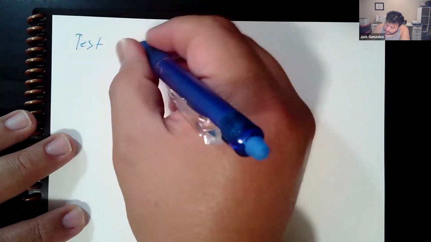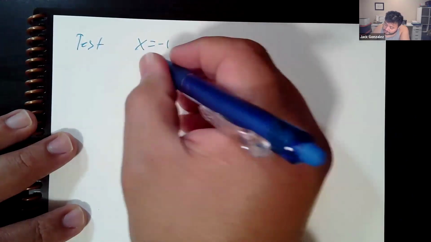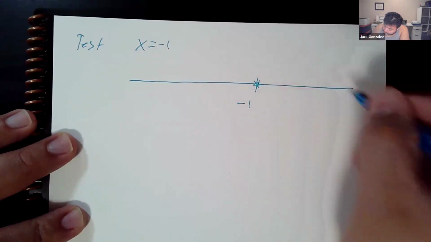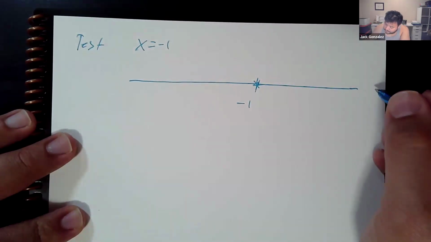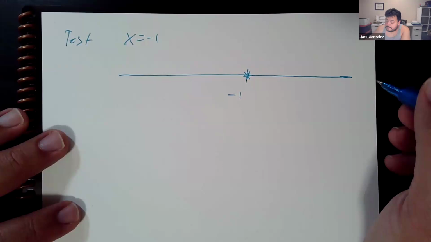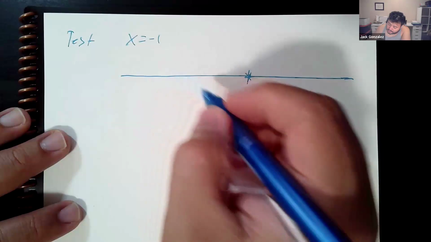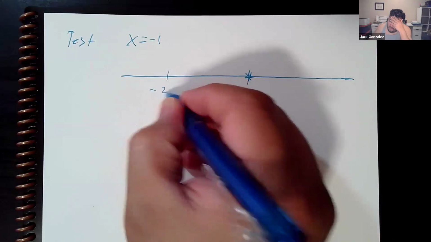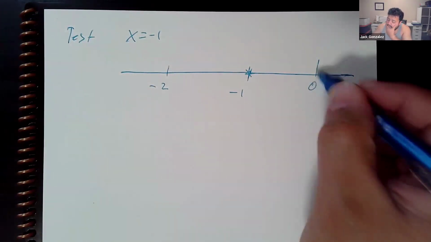Okay. Technically, we should test x equals to -1. Let's choose these numbers here.